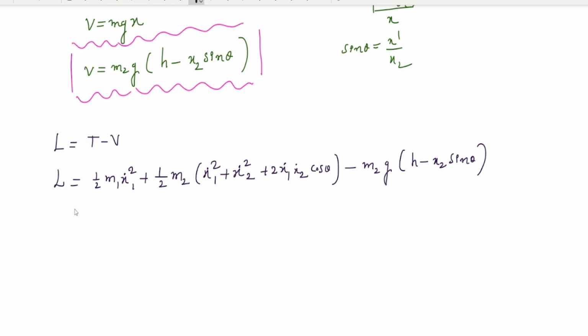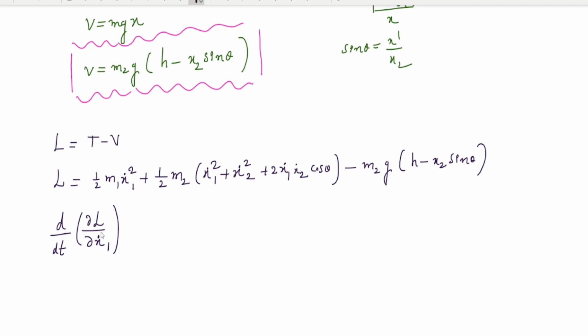Now we can derive anything, right? Here this is a complicated system. We know the Lagrangian is represented by two types of coordinates here, I mean two generalized coordinates. One is x dot 1, another one is x dot 2. First I am going to write one coordinate system, that is x dot 1. So the Lagrangian equation of motion is d by dt of the partial derivative of the Lagrangian with respect to x dot 1.